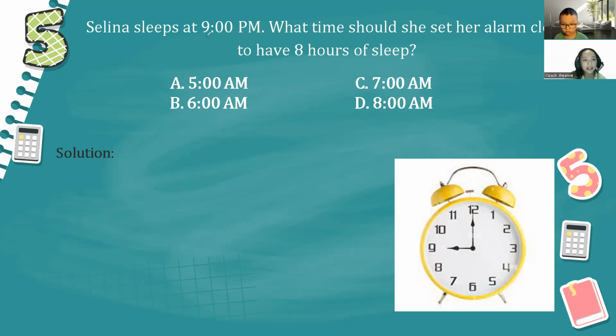So from 9 to 12, how many hours do we have? 9 p.m. to 12 midnight, that is how many hours? 3 hours, right? Now, Selena wants to have 8 hours of sleep. So if we have from 9 to 12, we have 3 hours. We need 5 more so that she can have 8 hours of sleep.